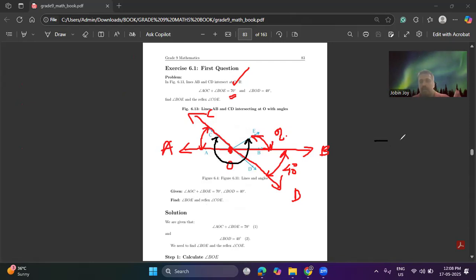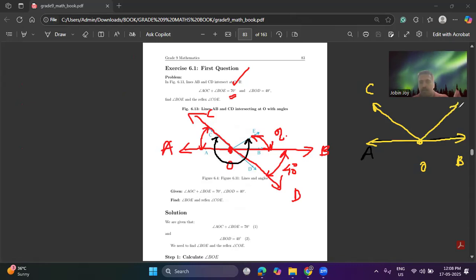Okay, so I will start with the line AB. I'm taking another color. This is AB and this is O. This is C, and this is E, right?